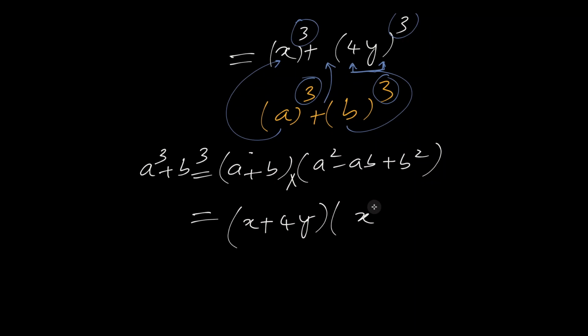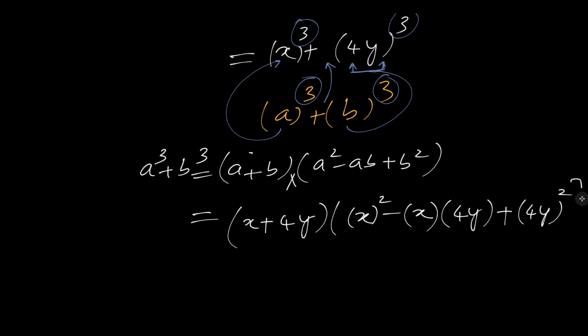So I am going to say x square minus what is a? Just x it is, not x to the power 3, because the 3 is matching as per the formula. This is x, and what is b? It is complete 4y, because we already converted into power 3. So b represents 4y. 4y plus, this is plus from the formula, and b square. What is b square? It is 4y whole square.